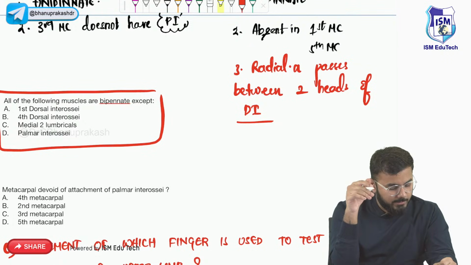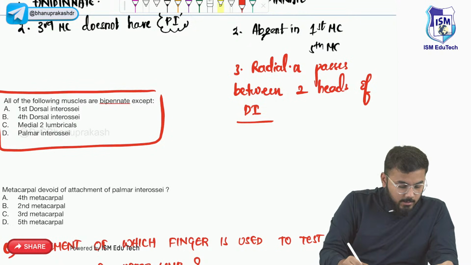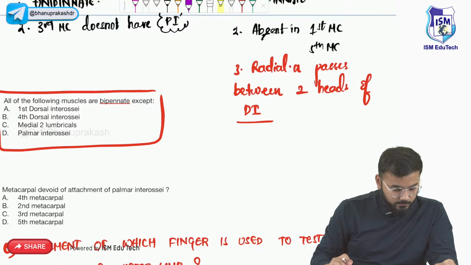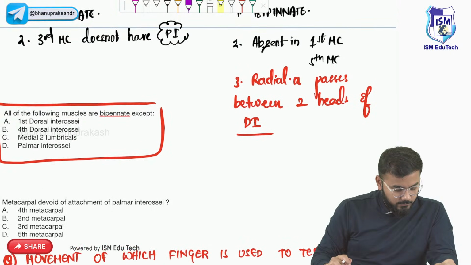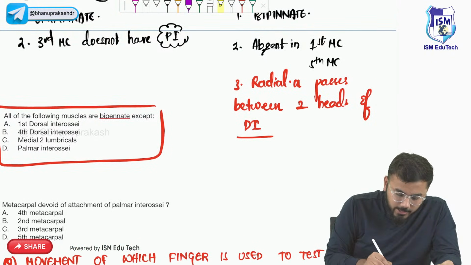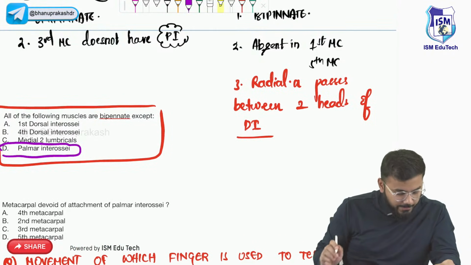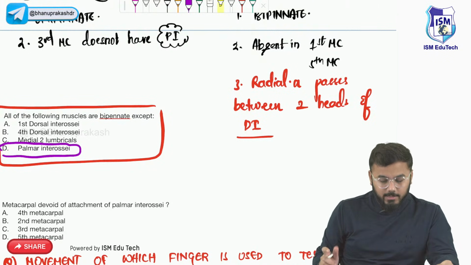Come on. Very good. Palmar interossei. Palmar interossei are not bipinnate, but remaining all are bipinnate, isn't it?